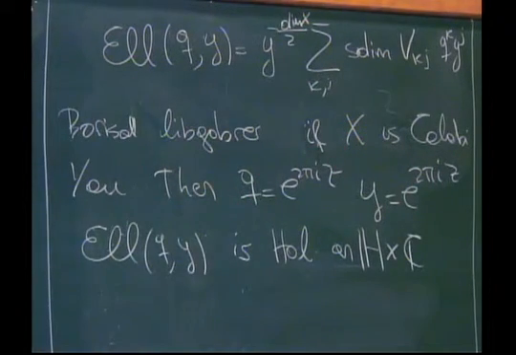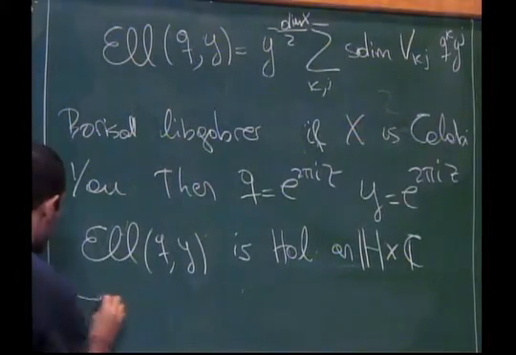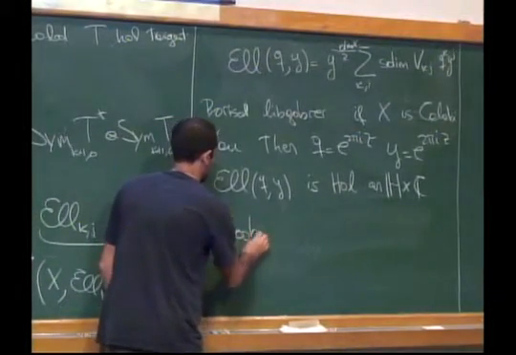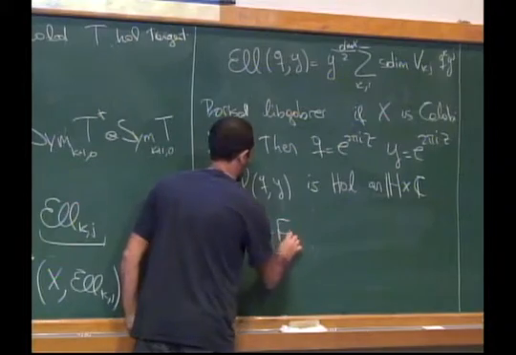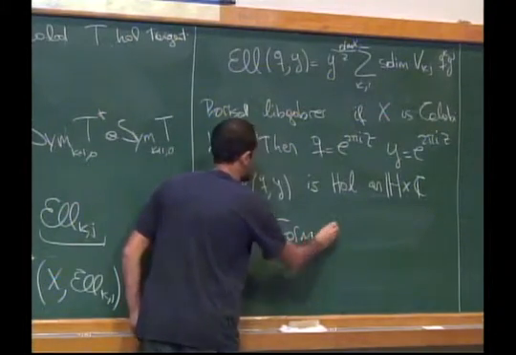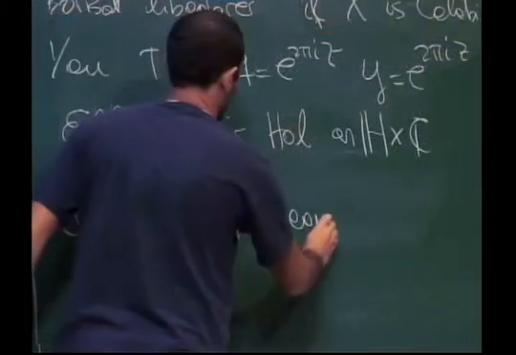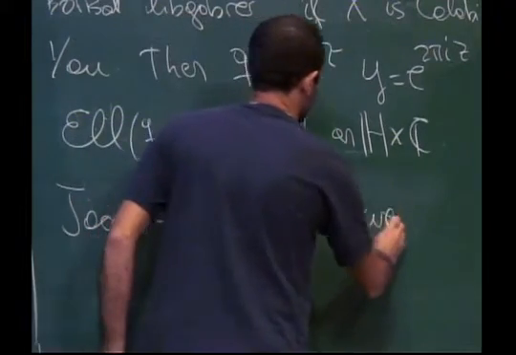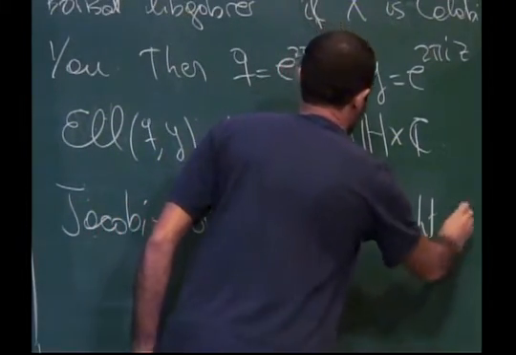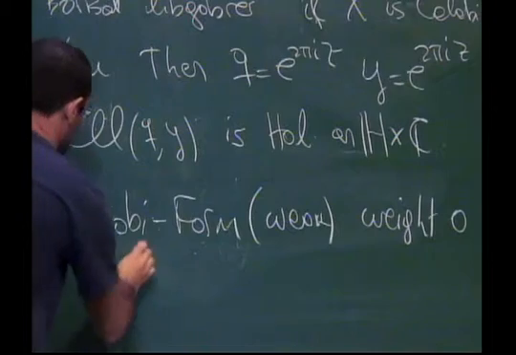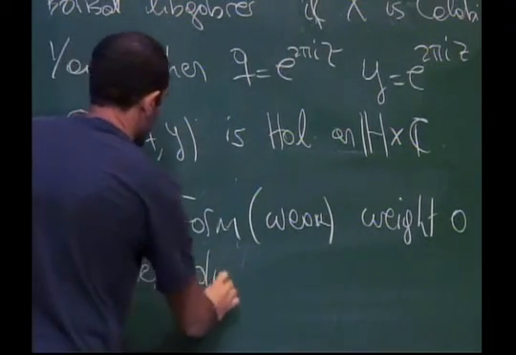Actually, I'm going to mention something because these things appeared in Minoru's talk. They also prove that this is a Jacobi form, a weak Jacobi form, of weight 0 and index the dimension of X over 2.